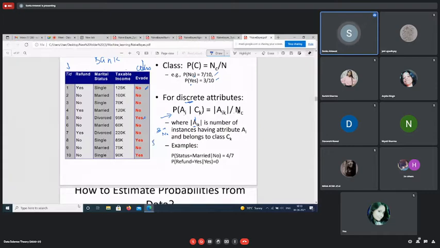If I have 5 incidents for class yes, I have to calculate the probability in this manner.